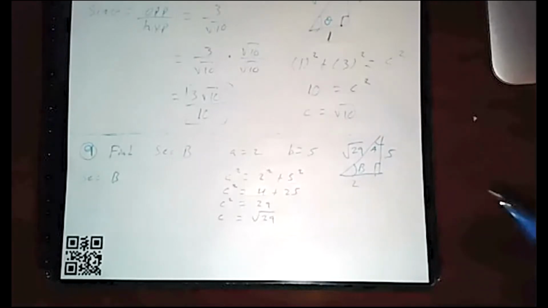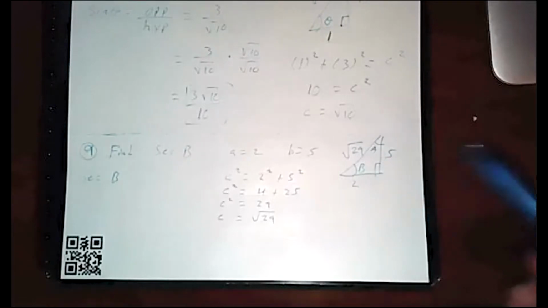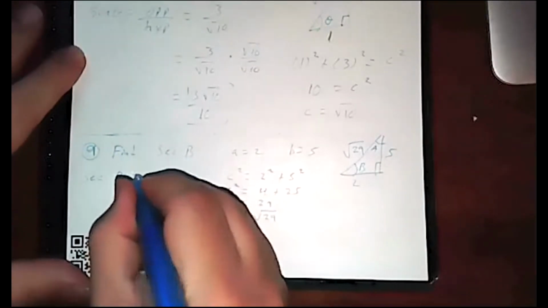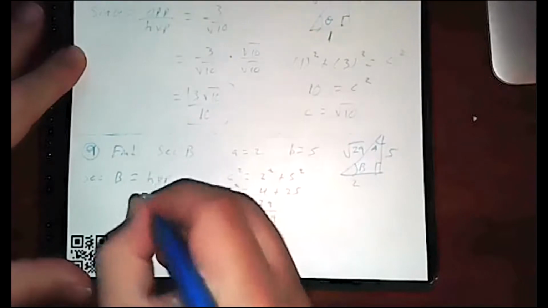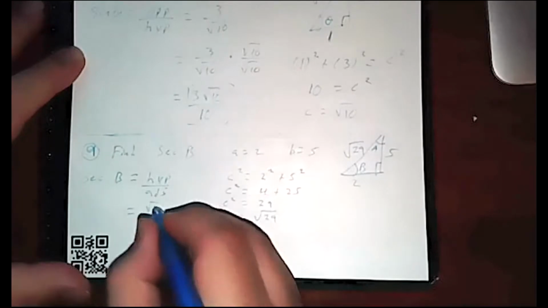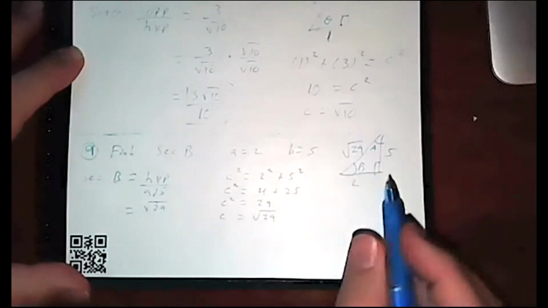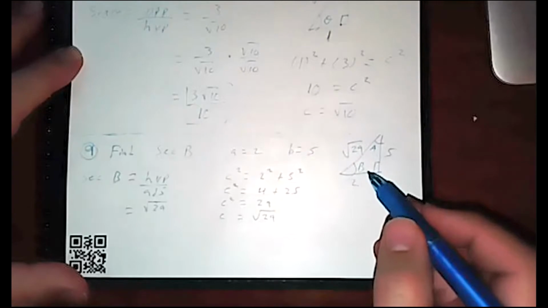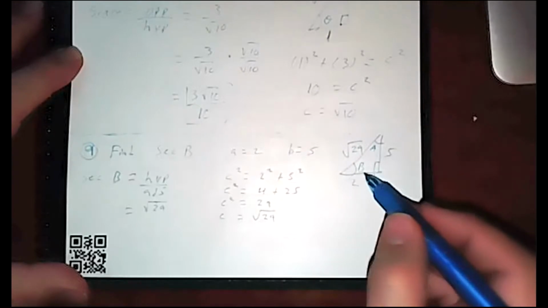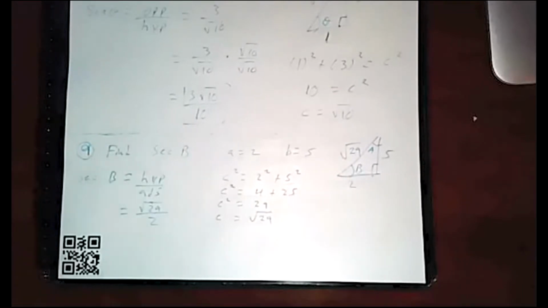Just in case it matters. That's usually what we're going to do in the next chapter, I think chapter 9, so later. But anyway, so secant B, we said is hypotenuse over what again? Adjacent. Okay, so that would be square root 29 over adjacent. Right? So adjacent to B, so 2. This will be my answer.